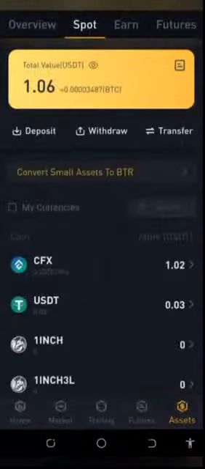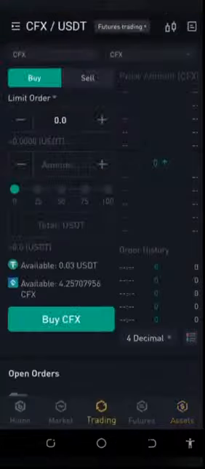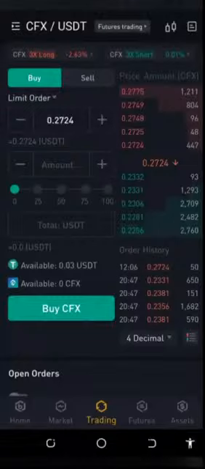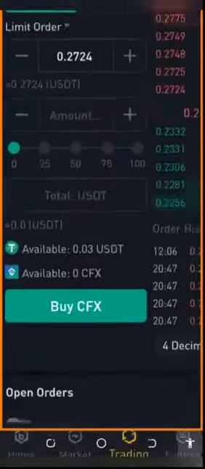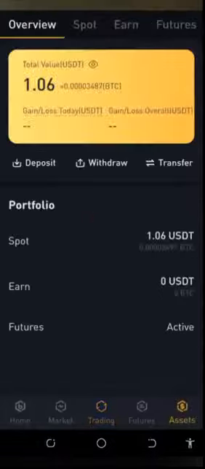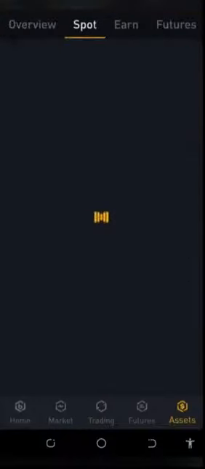I don't know. Let me just refresh and get back. Okay. Oh, now it's gone. You can see it's now saying 0 CFX. So on the everything it's actually gone. It's showing 0 there.